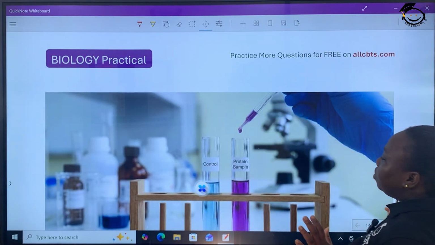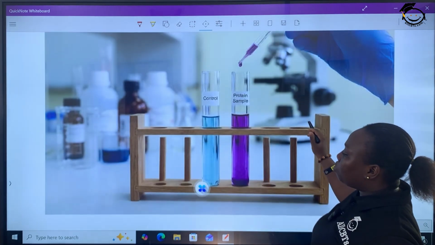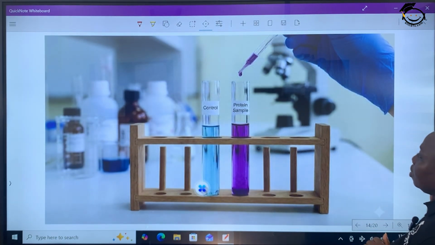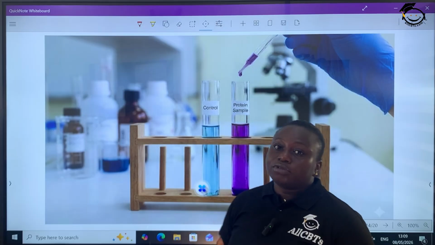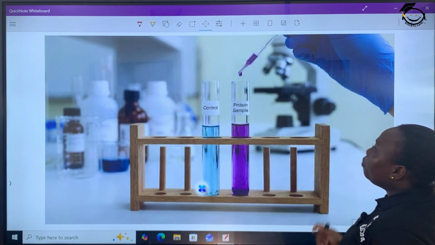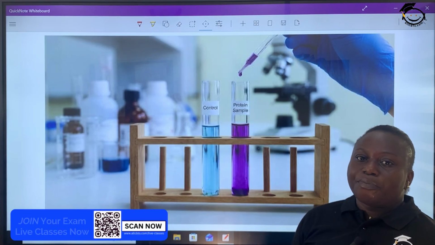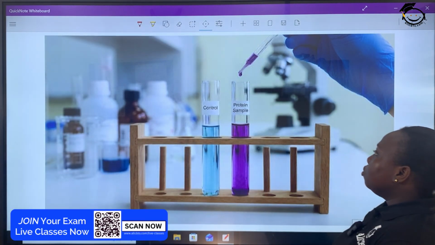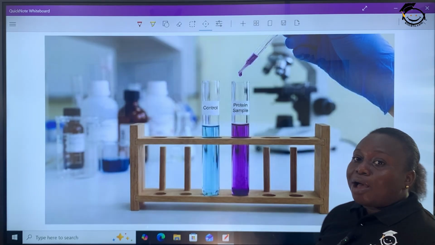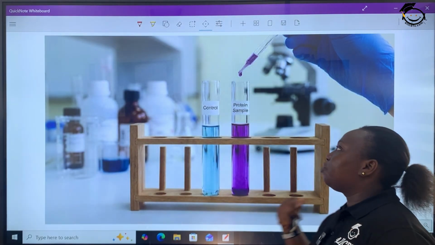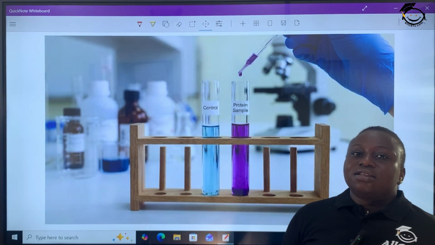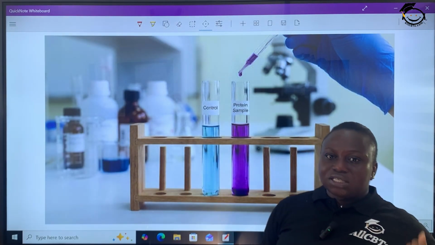Now this is the way the test will look like. Your test will look like something like this. They can give you different samples, then they will tell you to put this Biuret test. You separate your samples. Now in this process, the difference between our Benedict test and this Biuret test is that with the Benedict test, you have to heat it.